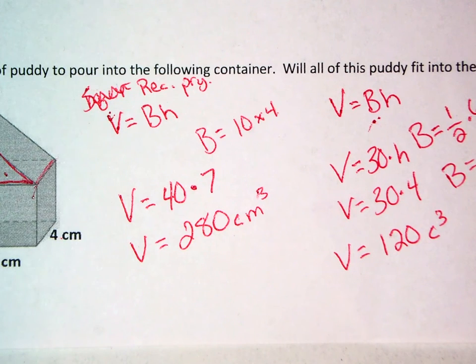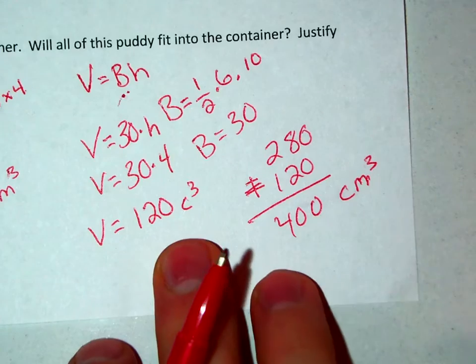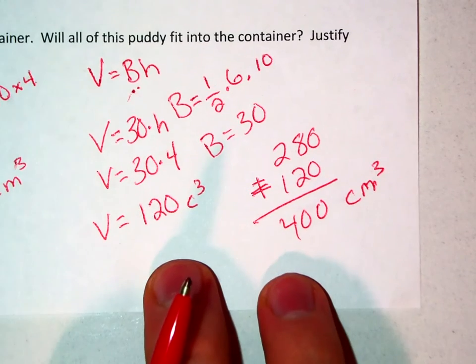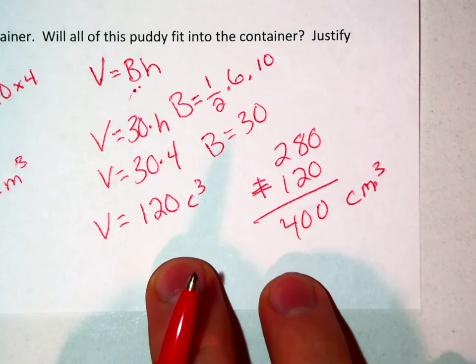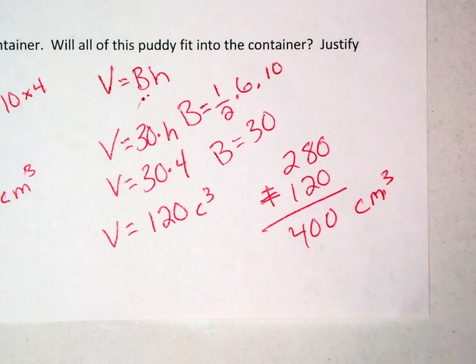So can I pour 450 centimeters cubed of content into a container that is only able to hold 400 centimeters cubed? The obvious answer would be no. I'm going to spill over 50 centimeters cubed of whatever content I try to pour into this container.